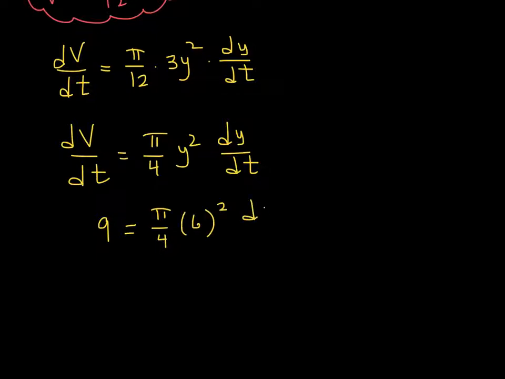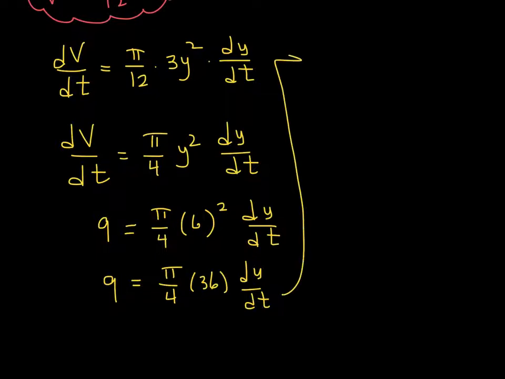And then dy/dt is actually what we're looking for. So all we have to do at this point is isolate dy/dt. So then 9 is equal to pi over 4 times 36 dy/dt. I'm continuing to isolate. Let's see, 4 goes into 36 9 times.